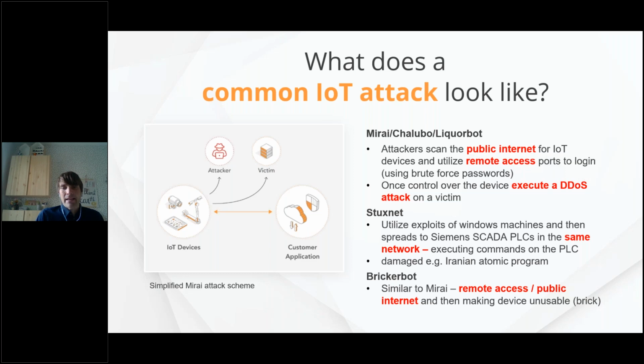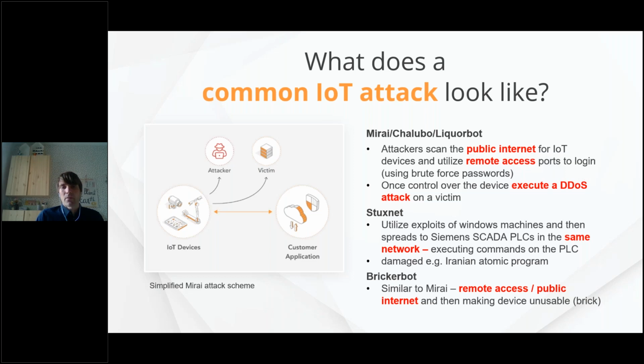The Stuxnet attack I talked about a little bit. It was the Iranian atomic program that was attacked with Stuxnet, and it utilizes exploits of Windows machines on regular workstations.